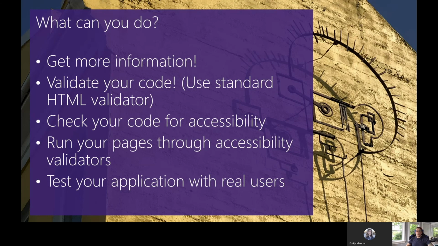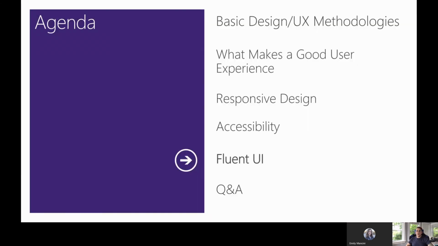Okay, and so in talking about responsive design and accessibility, we're talking about things that we can do. Well, what does Microsoft give us to help make this a little bit easier to create a good user experience? That tool is the Fluent UI.